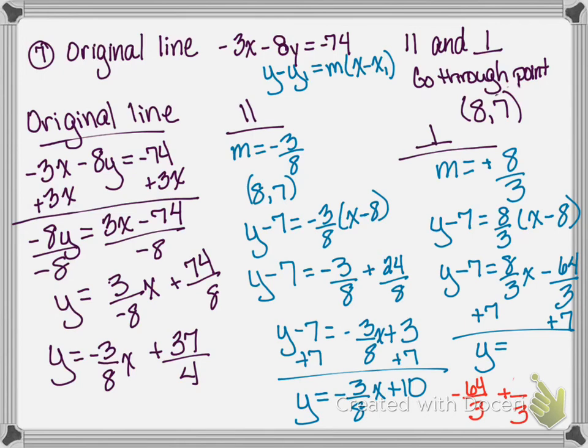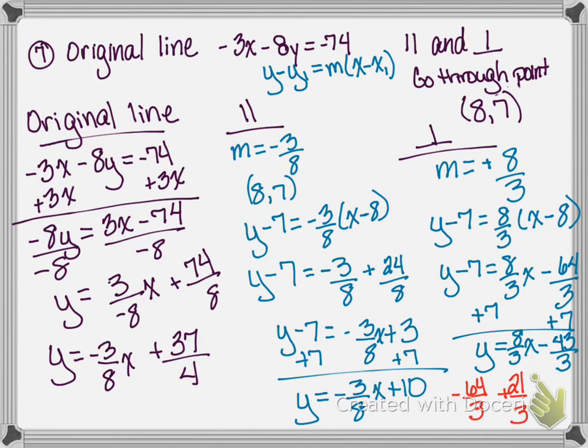So 1 goes into 3 3 times. What's 7 times 3? Excellent. 21. The negative 64 plus 21, is it negative 43? Yes. Okay, so I've got 8 over 3x minus 43 over 3.